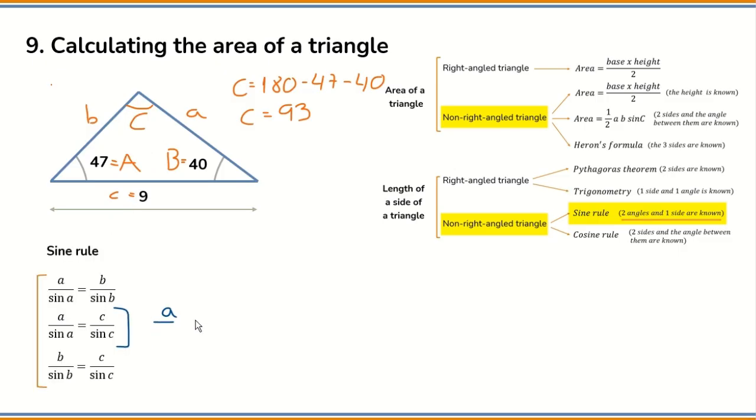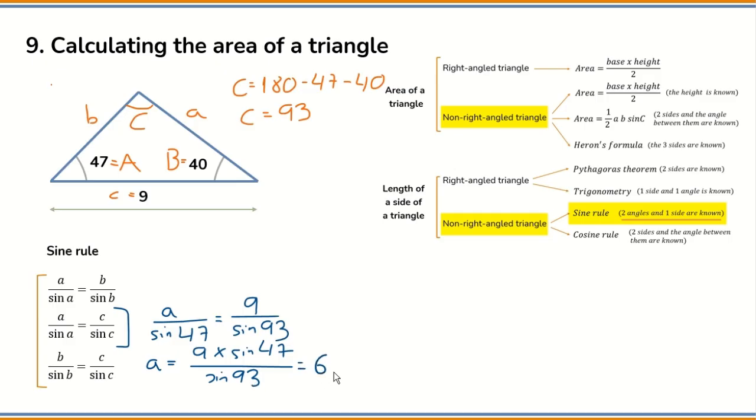So A over sine of 47 equals 9 over sine of 93. I'm going to rearrange this equation to leave A on its own, and this is 9 times sine of 47 over sine of 93. This is 6.59.